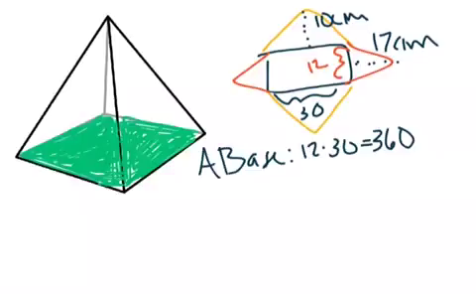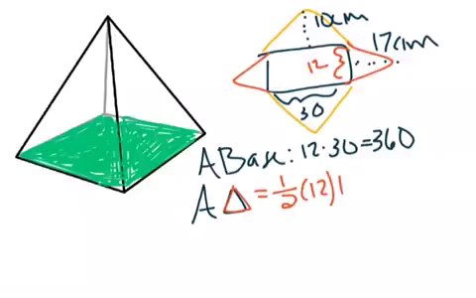So the area of these red triangles is 1/2 times base times height. That's 1/2 times 12 times 17. That's going to be 102.